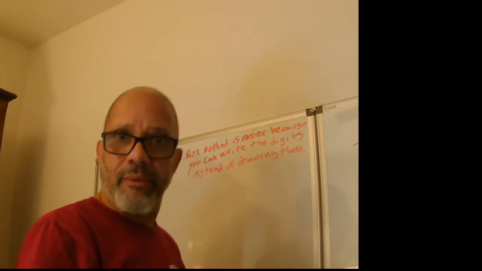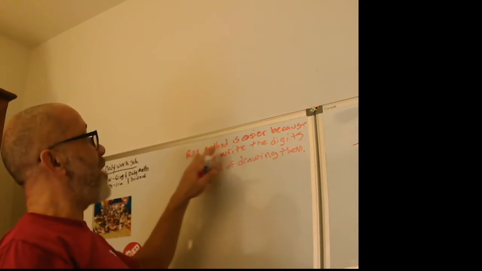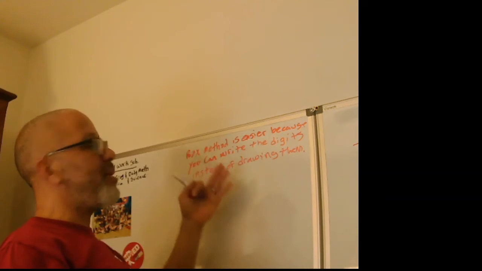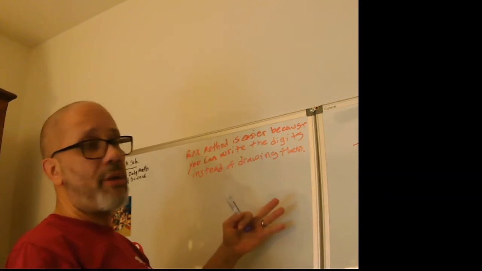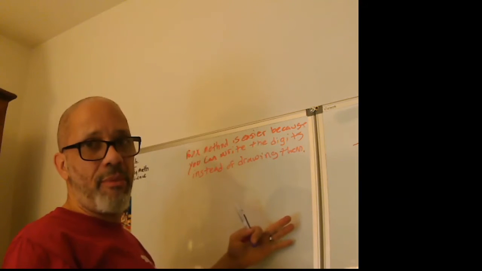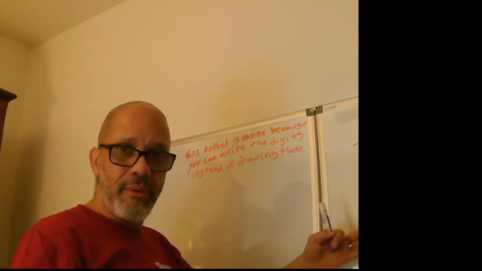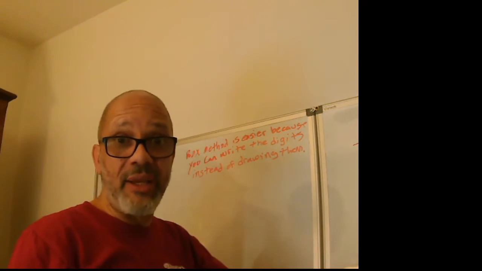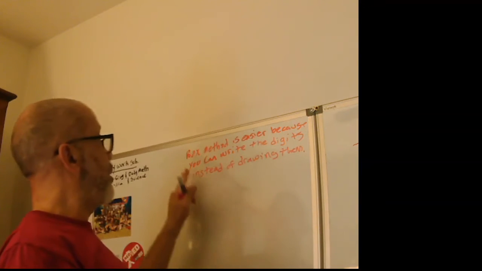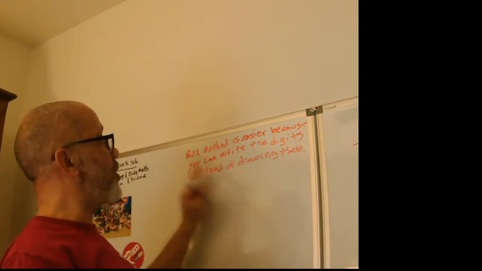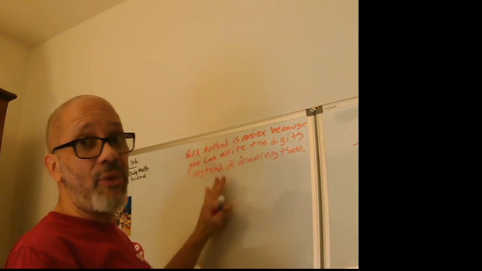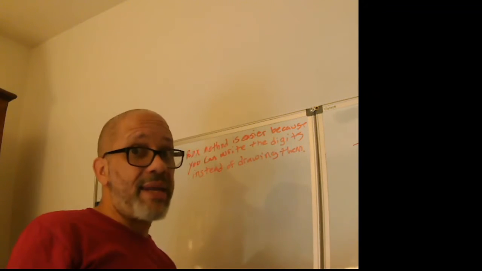Maybe I should read what I wrote: box method is easier because you can write the digits with the box method instead of drawing them with the base 10 method. So, again, box method is easier because you can write the digits rather than draw them. Write that down. Go.